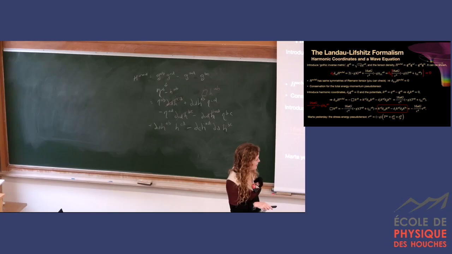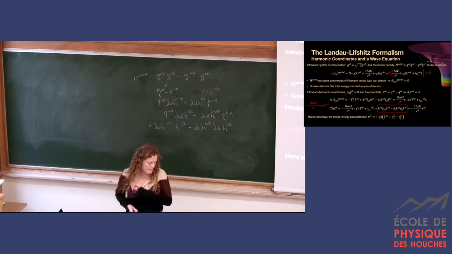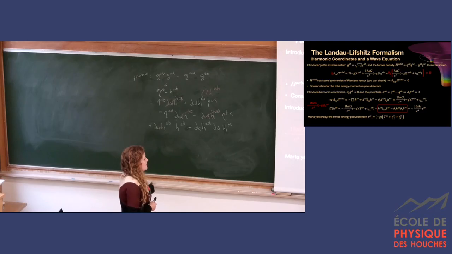And now I can write everything as a nice, pretty wave equation. And Martha did mention this yesterday, saying that there is a stress energy pseudotensor that can be written in this way that can help to get higher harmonics. Okay, so there's your wave equation.